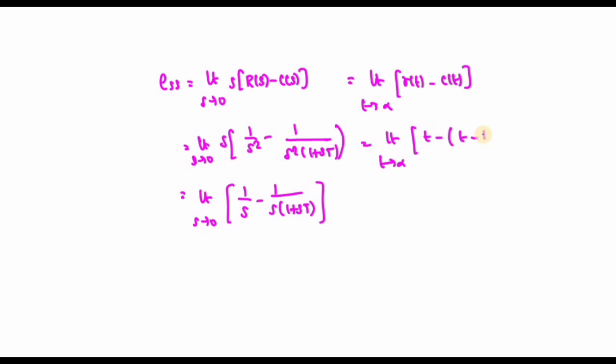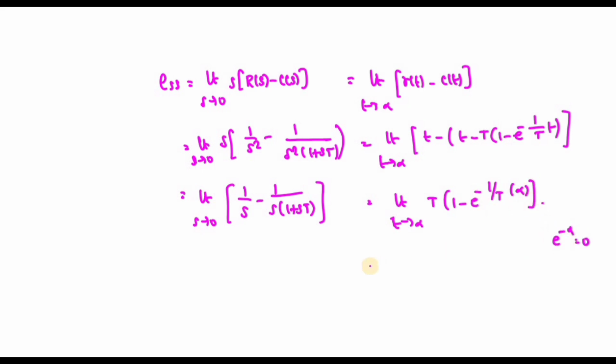It is t minus T into 1 minus e power minus t by T. So here we write it as t minus t into 1 minus e power minus t by T as t tends to infinity. So e power minus infinity is 0. So you will get the answer as T. So my e of ss is nothing but T.